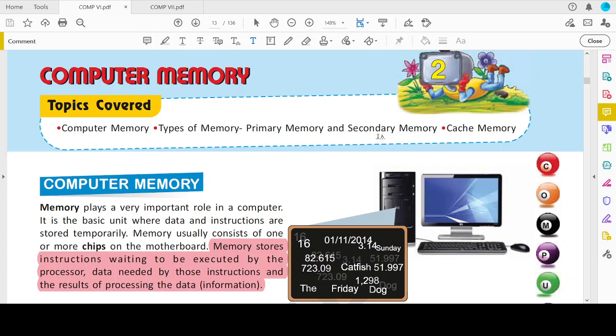It fetches the program from the secondary storage onto the RAM and you can see the output on the output devices.